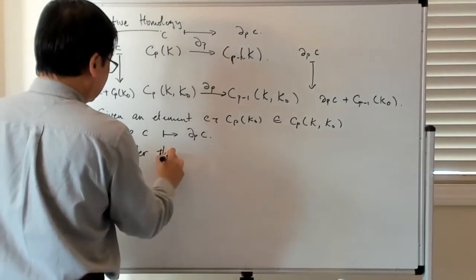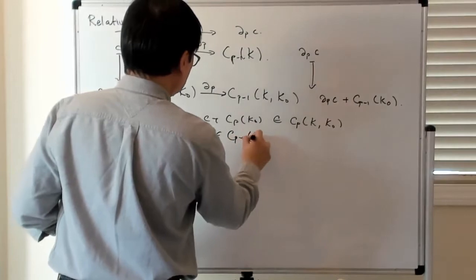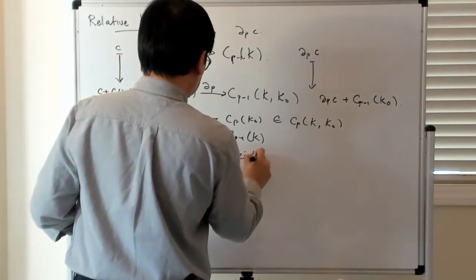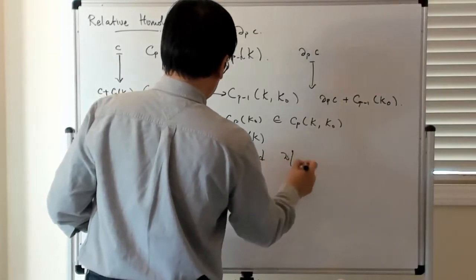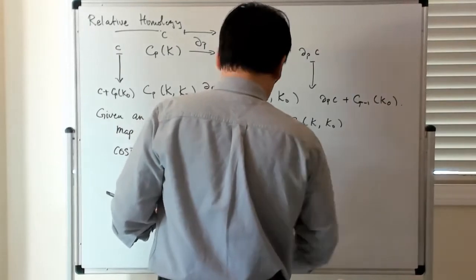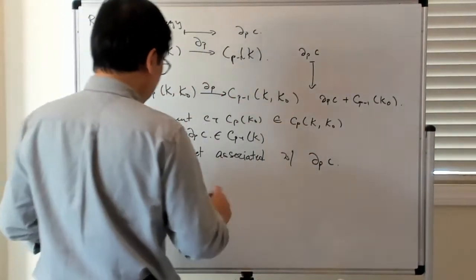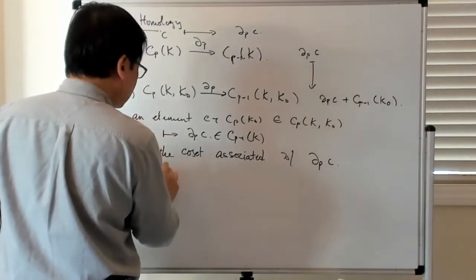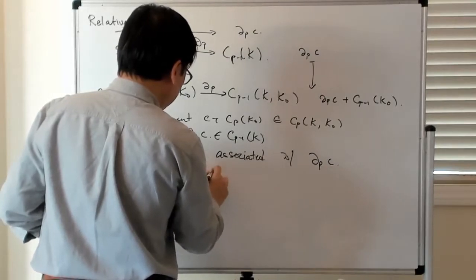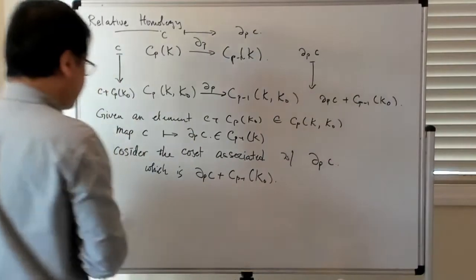and this is of course in C_{p-1}(K), associated with the boundary of c, which is the boundary of c + C_{p-1}(K0).